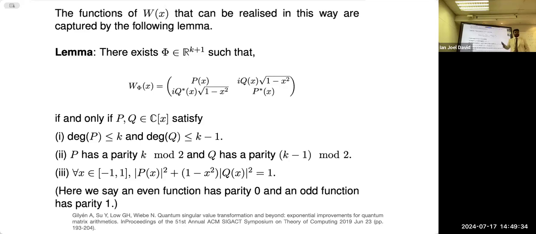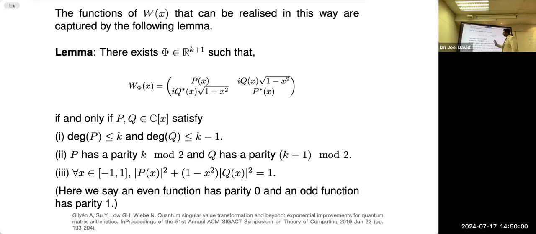You can remember what those are from first year calculus. And the last condition is that for any X between minus 1 and 1, you must have this condition here. It comes from unitarity of this matrix, but it's just that the absolute value squared of the polynomial P of X plus 1 minus X squared times the absolute value squared of Q of X is 1. Comes from the unitarity of this matrix.